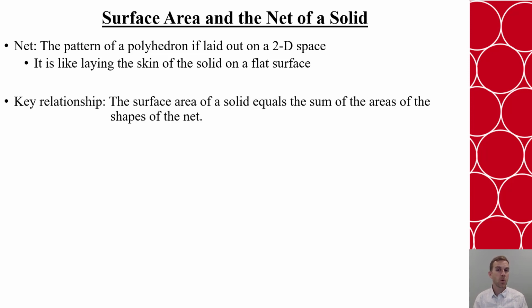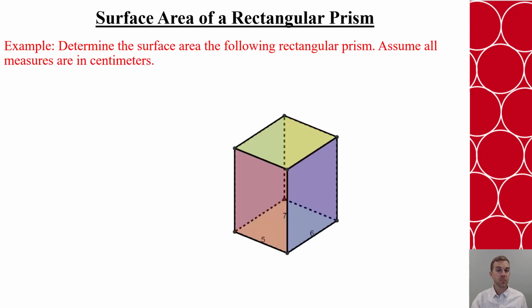One of the key important things to recognize is that the surface area will be the sum of all of those individual polygon areas that are formed by the net because of the additivity principle. So we can find each polygon's area, add them together, and that will give us the entire surface area. So let's look at this rectangular prism.